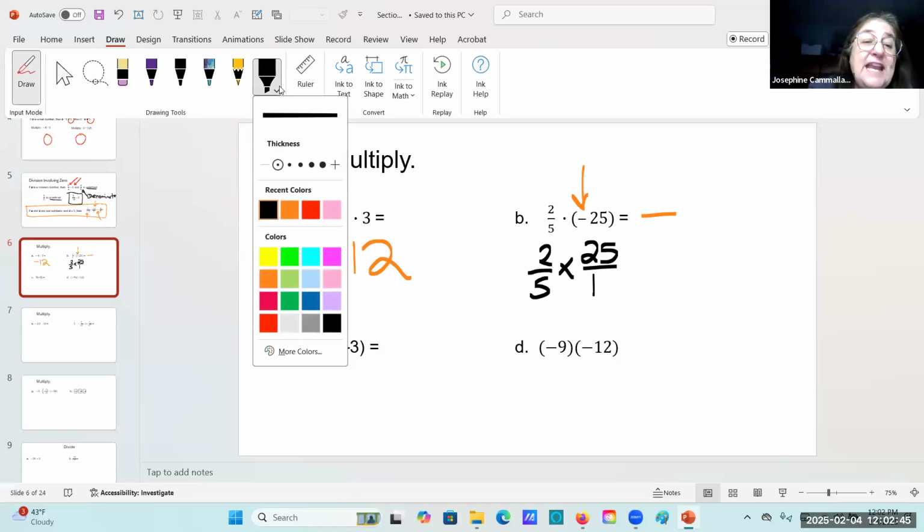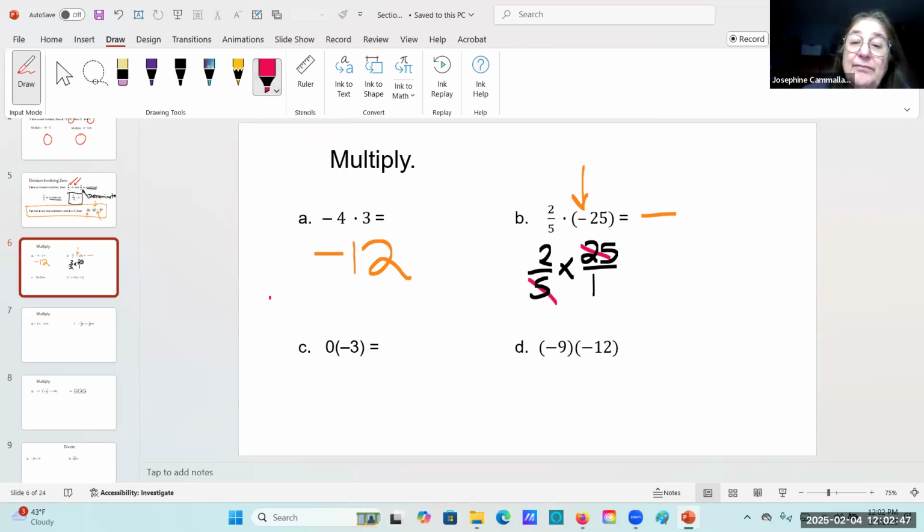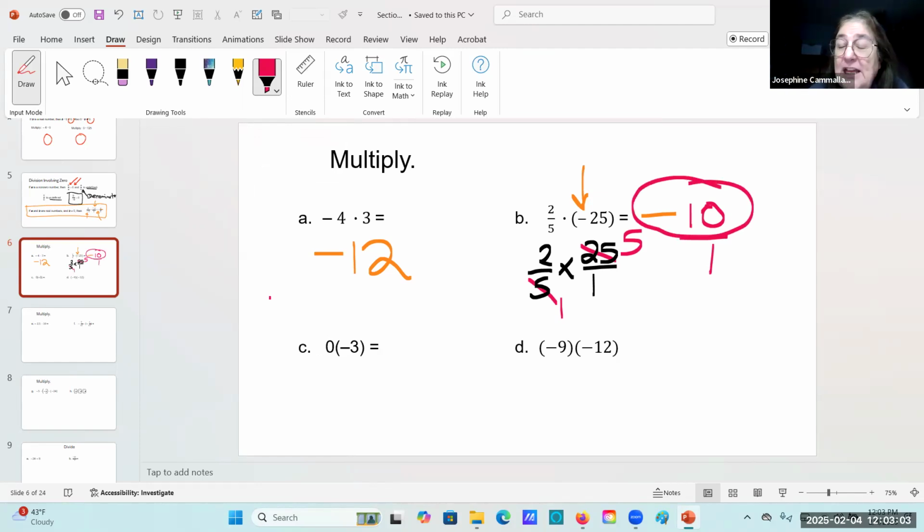Now, if I cross cancel, I'm going to get a negative 10, because 2 times 5 is 10. 1 times 1 is 1, but notice I only write the negative 10.